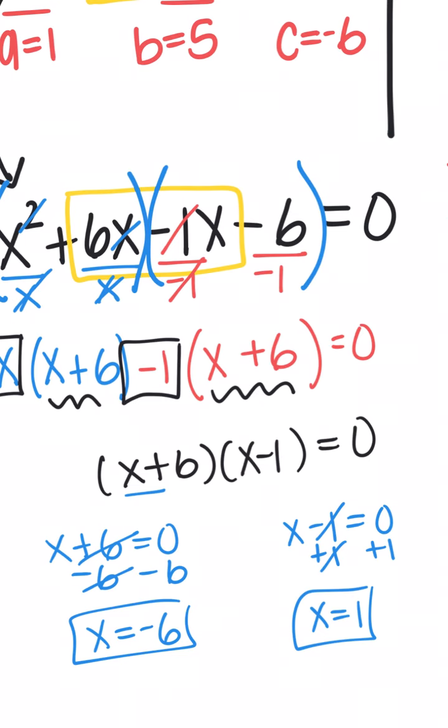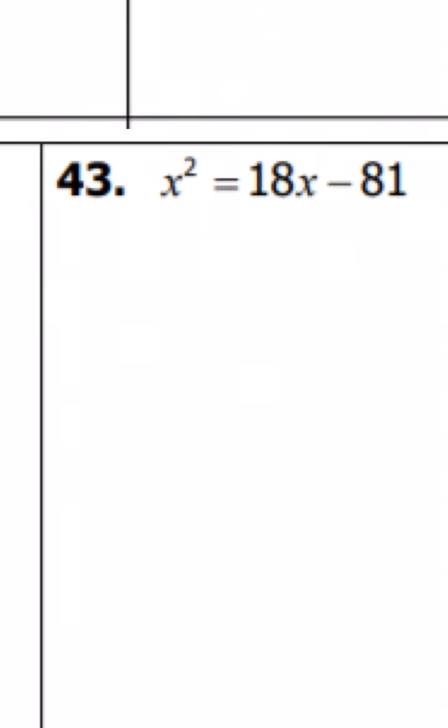Alrighty, I'm going to have you do number 43 on your own. It's just like my 42. The first thing you want to do is move everything over to one side. I'll help you get started. Since that's a positive 18x, to move it to the other side, we're going to subtract 18x.